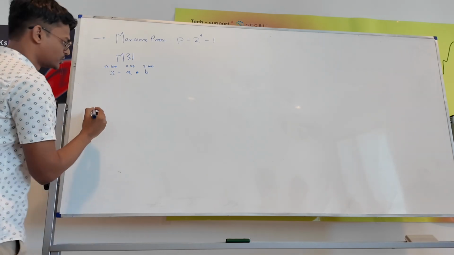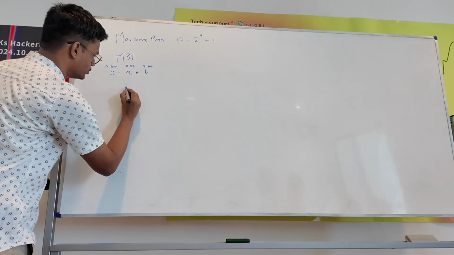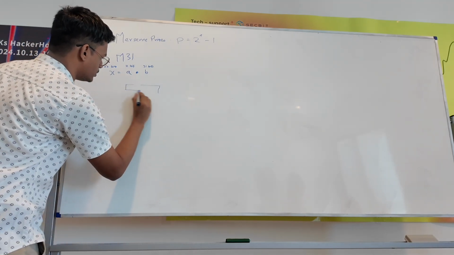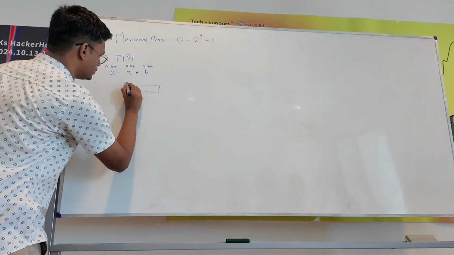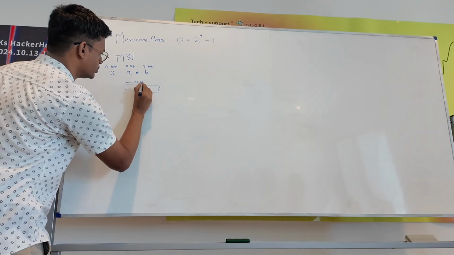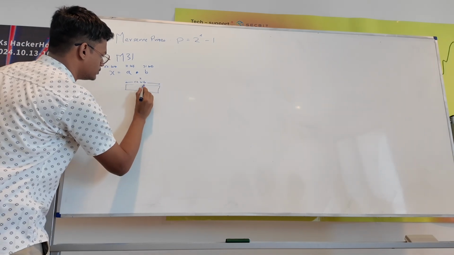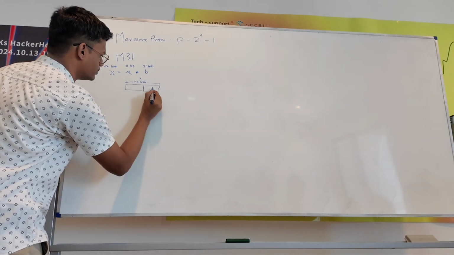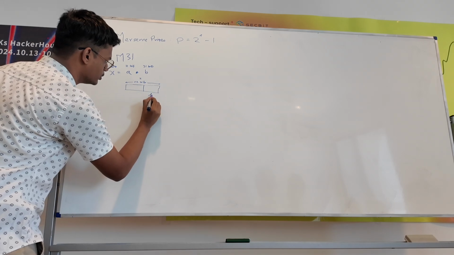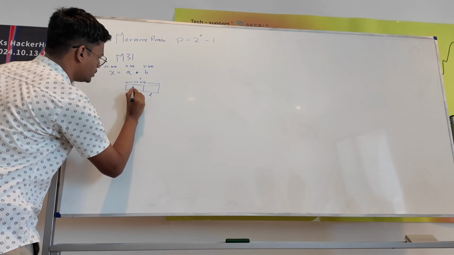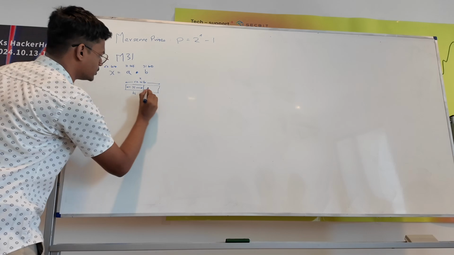So this X you can actually decompose into, so these are the 62 bits of X, which can be decomposed into the lower and the higher bits, each of 31 bits.